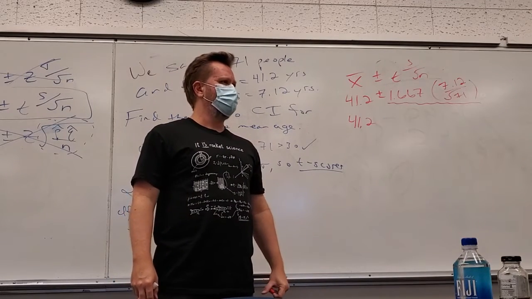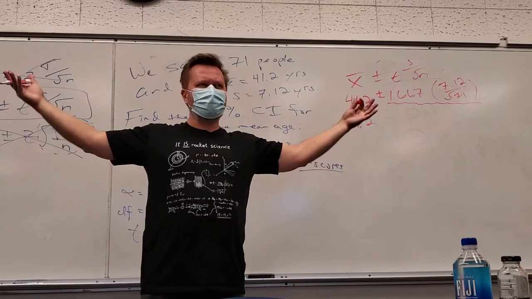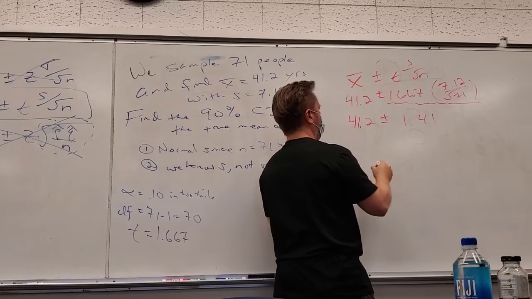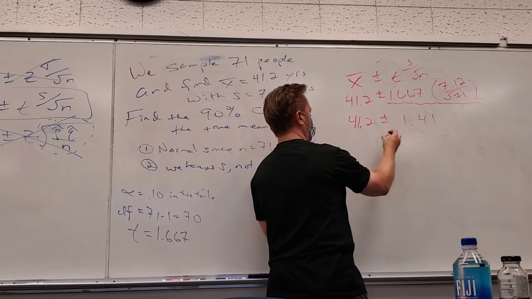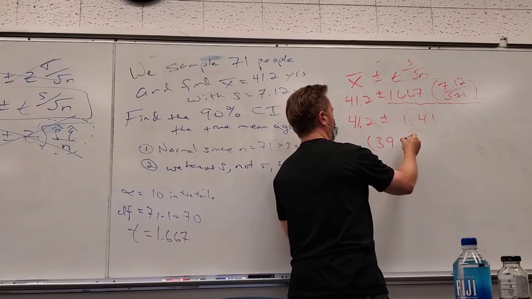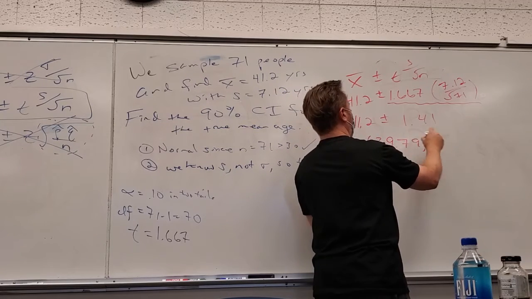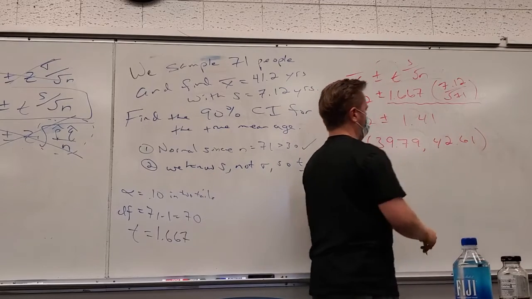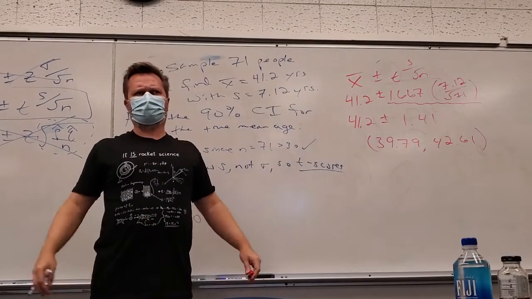What is it? 1.41? Hey, not too bad. 1.41. Okay, I like it. So then you just do 41.2 minus 1.41, and 41.2 plus 1.41. Is that right? Yep.